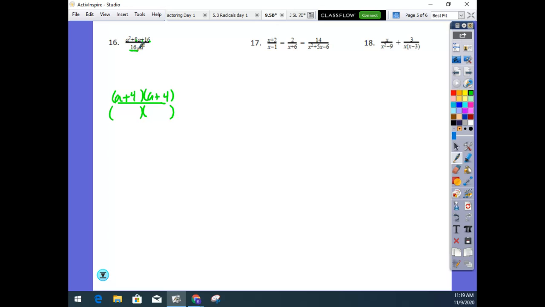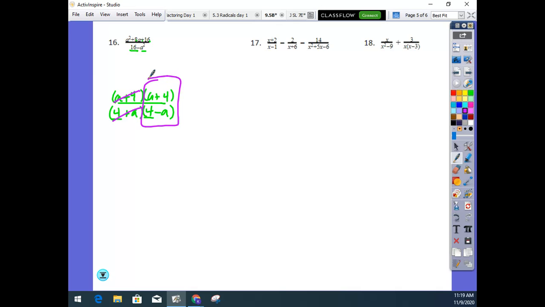Notice the 16 is first, so whatever multiplies to make 16 has to go first. Then a squared plus a minus a. Now it doesn't matter when you're subtracting or when you're adding. The order doesn't matter. If you have a plus 4 or 4 plus a, it's still the same thing. Common factors, simplify. That's your final answer.